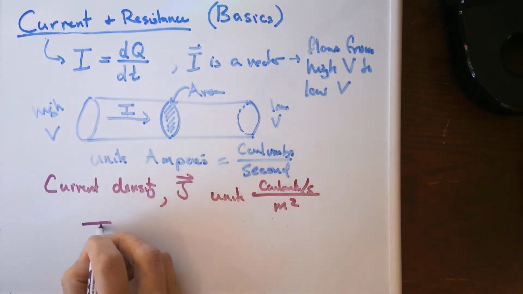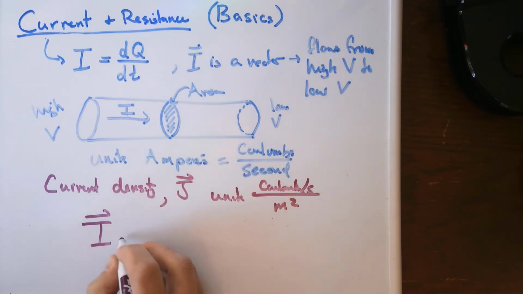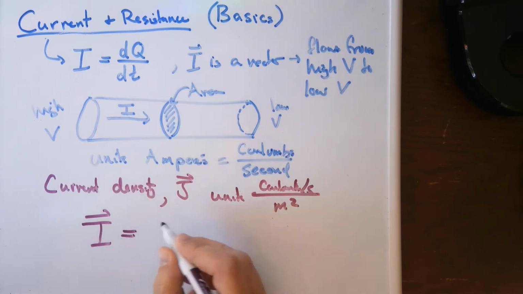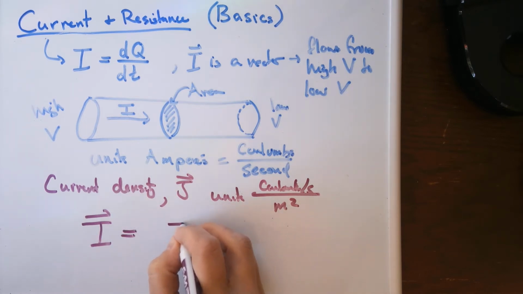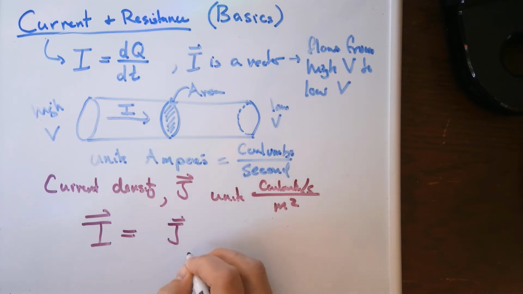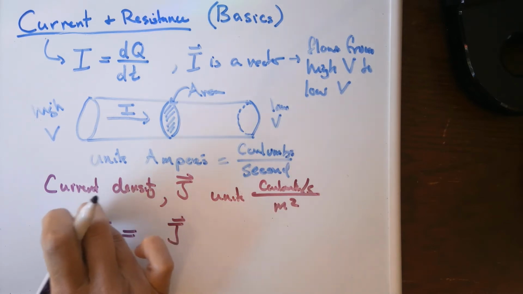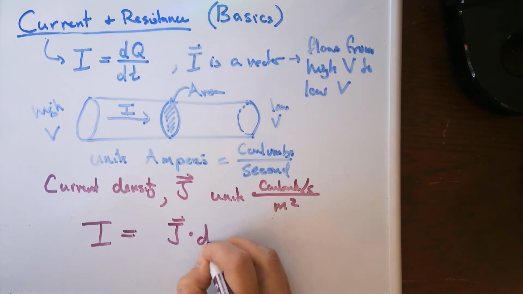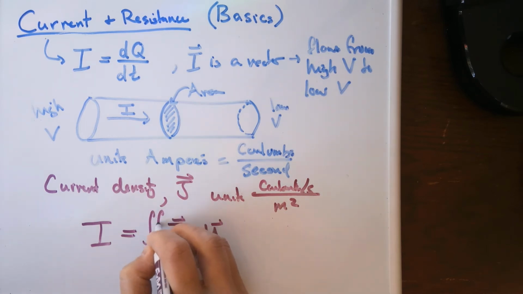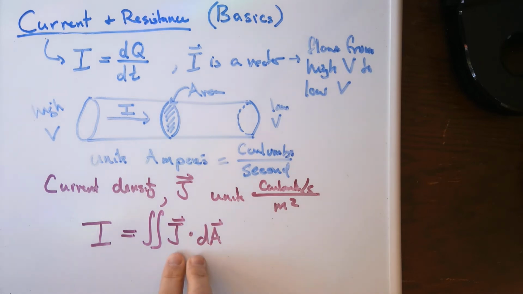And so in order to get back to the total current flowing through the wire, we do pretty much the same thing we always do with any densities. We are going to take the current density, oops, forgot that one's not going to be a vector, and we are going to dot it with a little bit of an area element and do a surface integral. So basically what we're doing here is we're looking at how much current flows through that area.